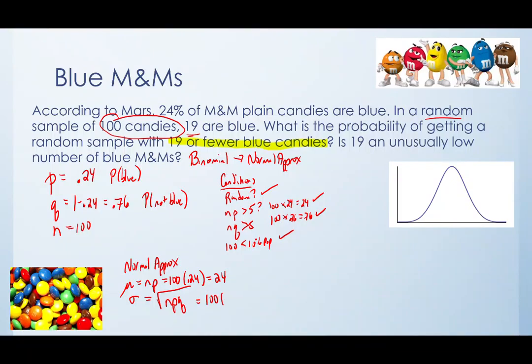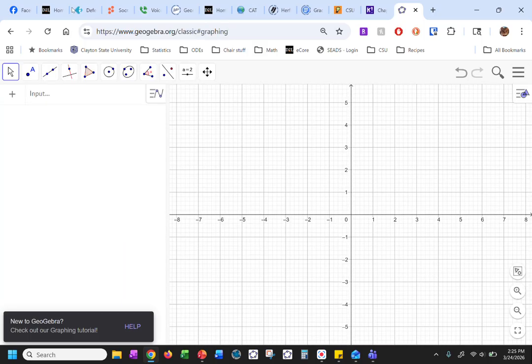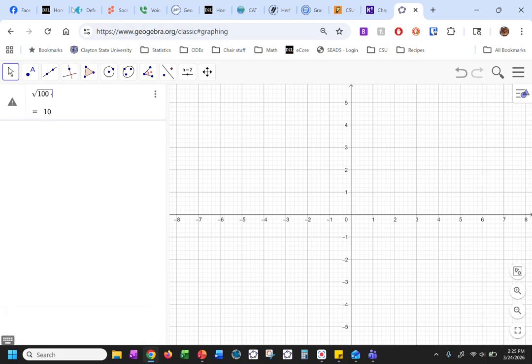So 100 times 0.24 times 0.76, all under a square root. We'll just throw that into GeoGebra or your calculator, whatever. So we've got a standard deviation of about 4.271.